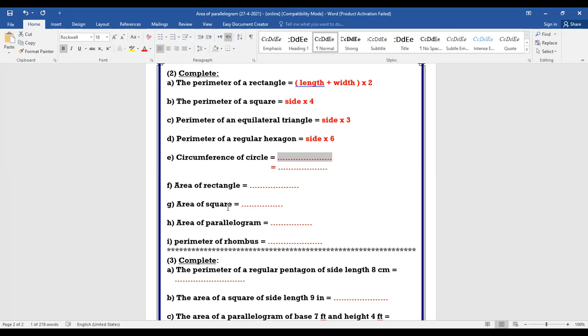Concentrate, everyone. We have two formulas.